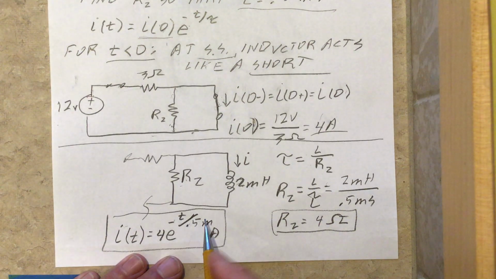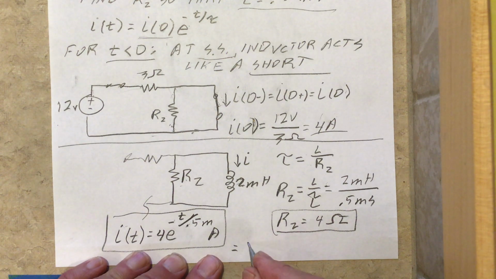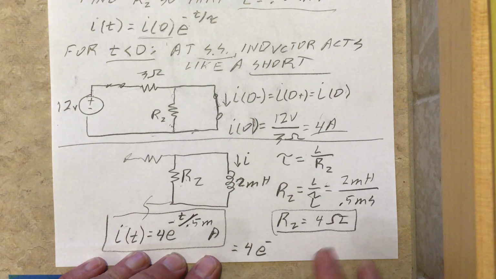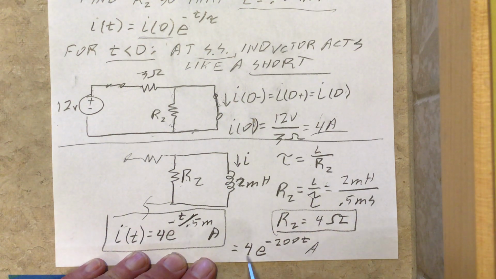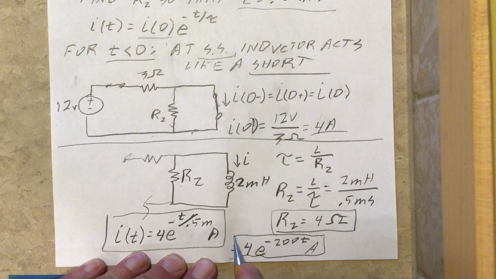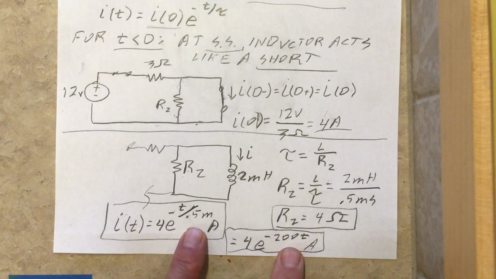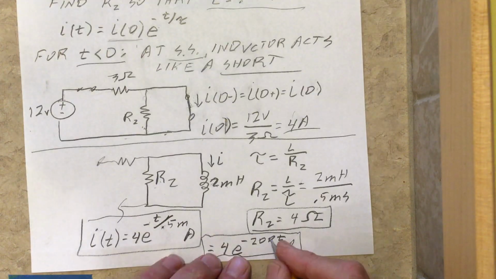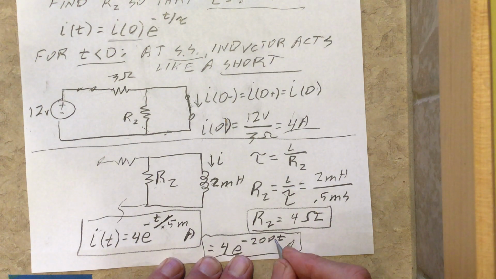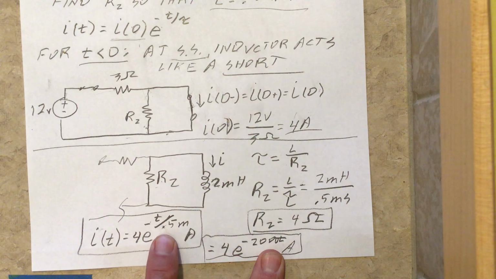So you remember this is t over 0.0005. It could be rewritten as 4 e to the minus, let's see, what's 1 over 0.0005? It would be minus 2,000 t. Whoops, wait a minute, I forgot a 0. There we go. Those are equivalent, don't let them confuse you.